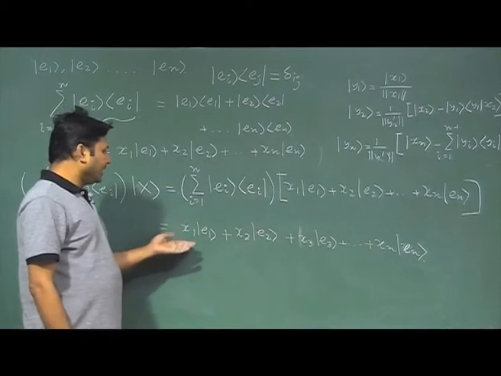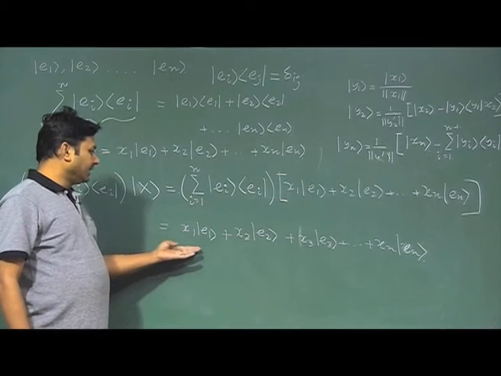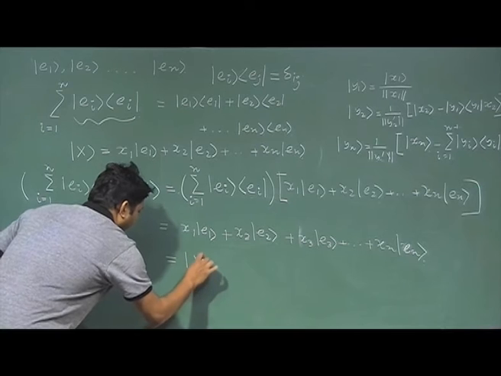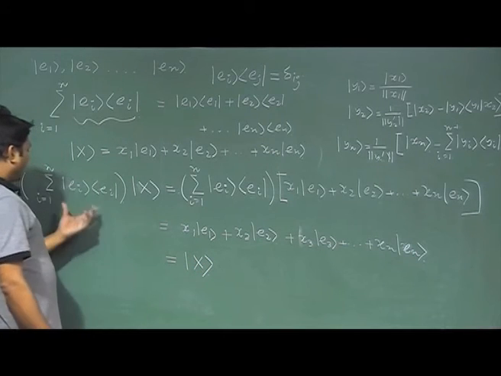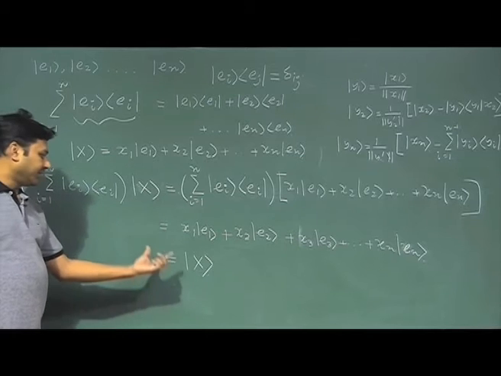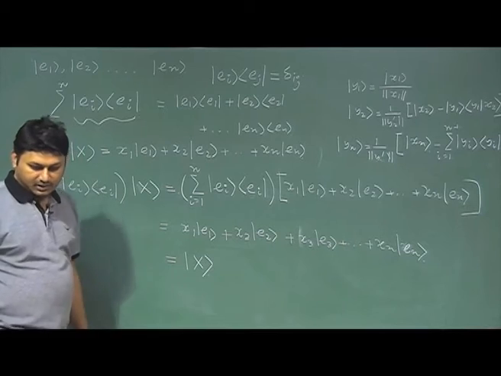So, after operating this over that, essentially I am getting my old vector x. I operate a projection operator over x, and as a result, I am getting my old vector x.